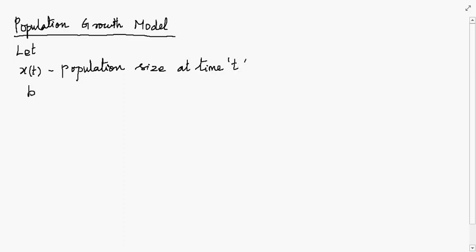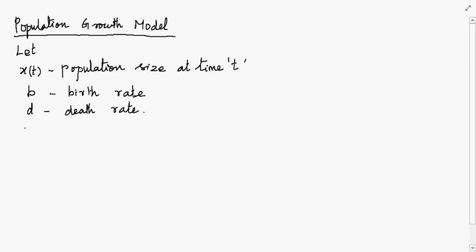We'll take b as the birth rate, that is the number of births per unit time. d is the death rate, the number of deaths per unit time.